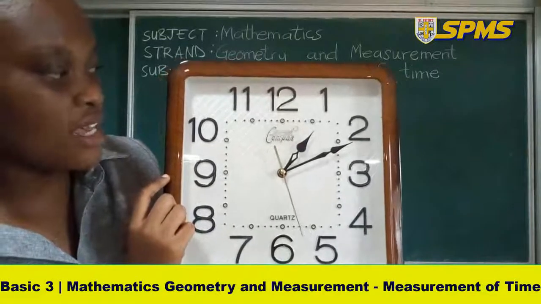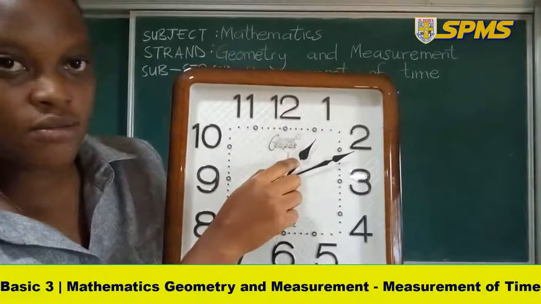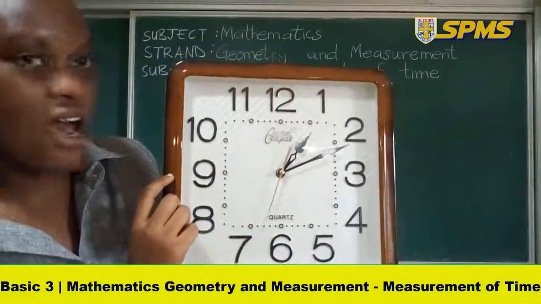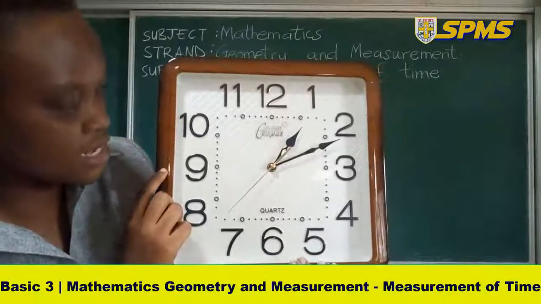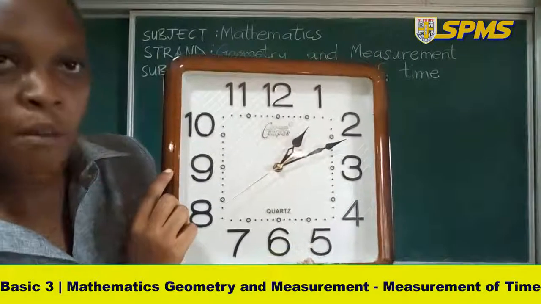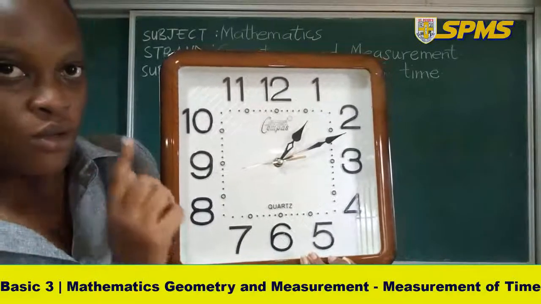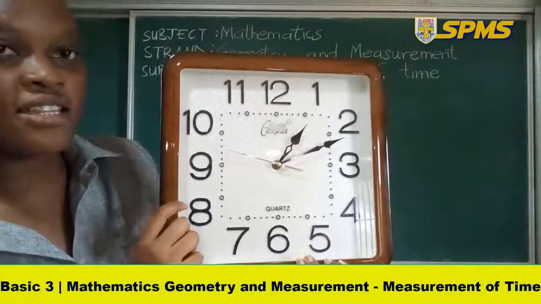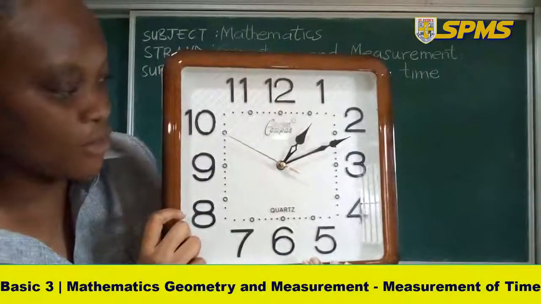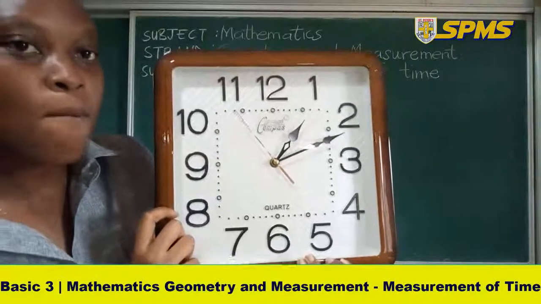And then we see a short hand. That is the hour hand. Then we can see another hand moving continuously. Which one is that? The second hand. Very good. The second hand is always moving.